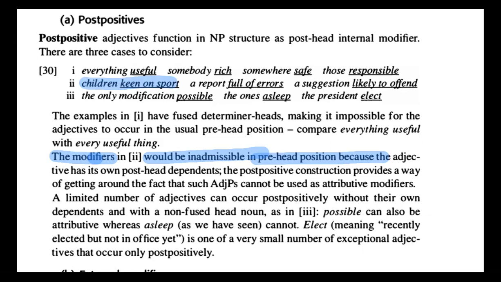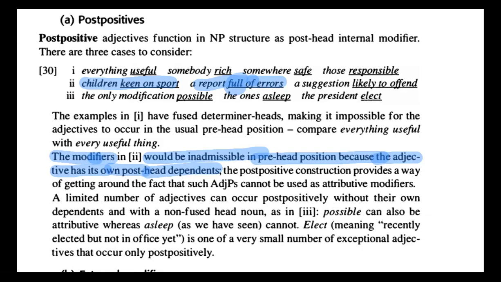Okay. A report full of errors. So full here, this is مليء, يعني هذه هو الصفة. فهون هيدا لأنه الموديفايرز would be inadmissible, يعني غير مقبولة to be in pre-head position because the adjective has its own post-head dependent. ليه؟ لأنه الادجكتيف عندها البوست هيد dependent لحالها. Okay.